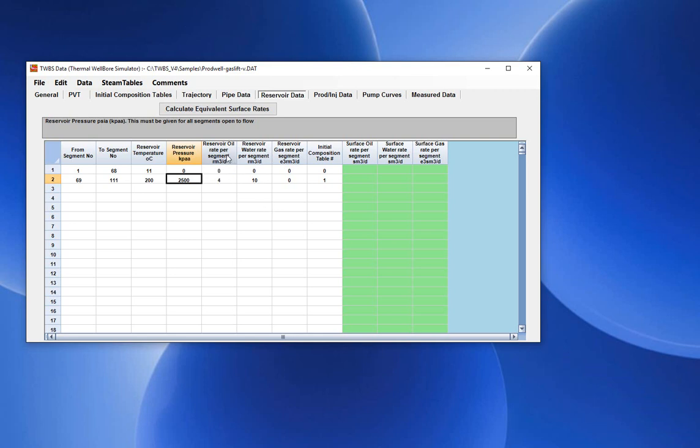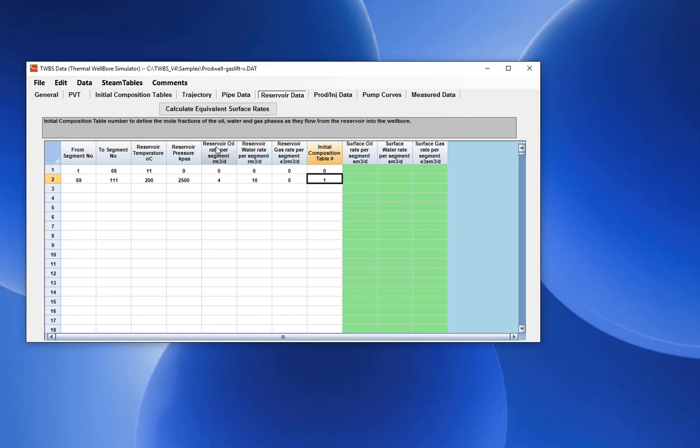This is not for the total well, this is for each segment in the range that is specified. So for every segment in this range, it would produce 4 cubic meters of oil in reservoir conditions, 10 cubic meters of water in reservoir conditions, no free gas, and with a fluid composition as given by initial composition table 1.